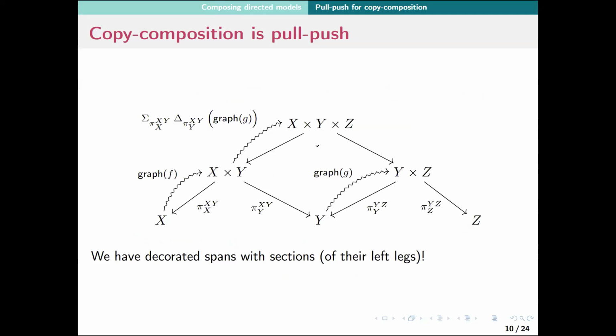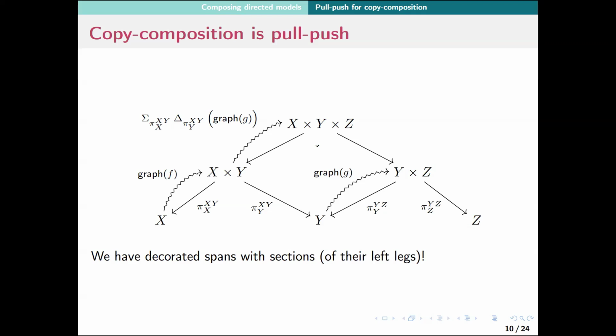So I've got my graph, these spans which are my projections from my two product objects, and I've decorated them with sections. What I do is I take my section on the second span, and I pull it back along this projection, and then I push it forwards along the first one, along the first left leg, in order to be in the right space or the right fiber.